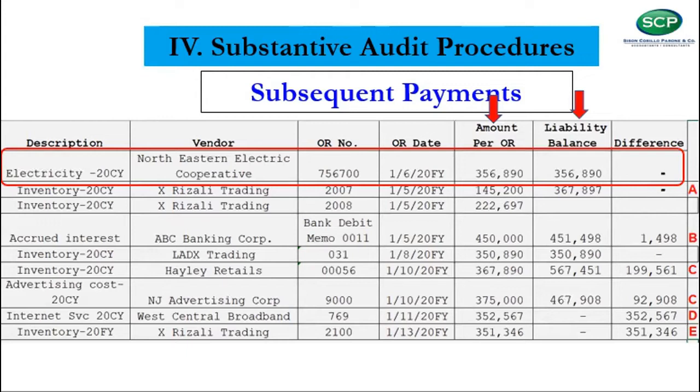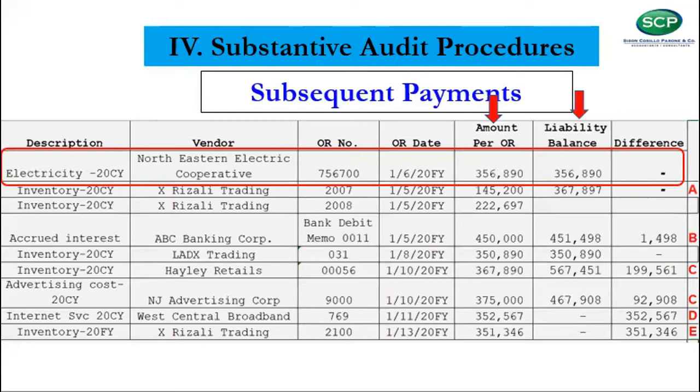The first is this electricity, is the payment made to Northeastern Electric Cooperative. The outstanding accrued expense as of December 31, 20 CY to Northeastern Electric Cooperative for electricity consumed in 20 CY amounting to 356,890 pesos was fully paid in January 20 FY.